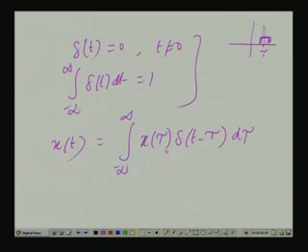So, area is not 1, but x(tau), and now start compressing it. Okay, so, area will still remain x(tau). Actually, you are first approximating delta(t minus tau) by just a box of area 1, and there is a function x(tau), this axis is tau.